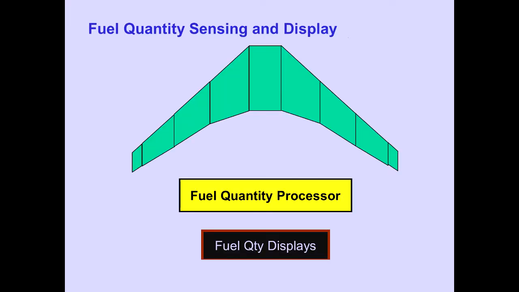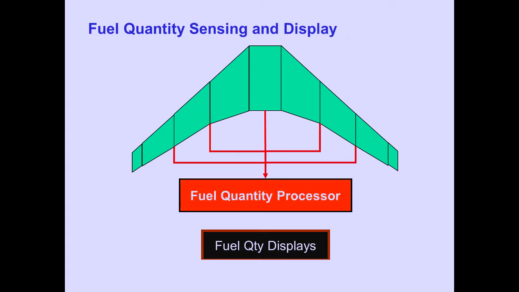Let's take a look at how the fuel quantity is sensed and displayed. Sensors in each tank provide data to the fuel quantity processor. The fuel quantity processor calculates the fuel quantity in each tank and supplies values to the quantity indicators.